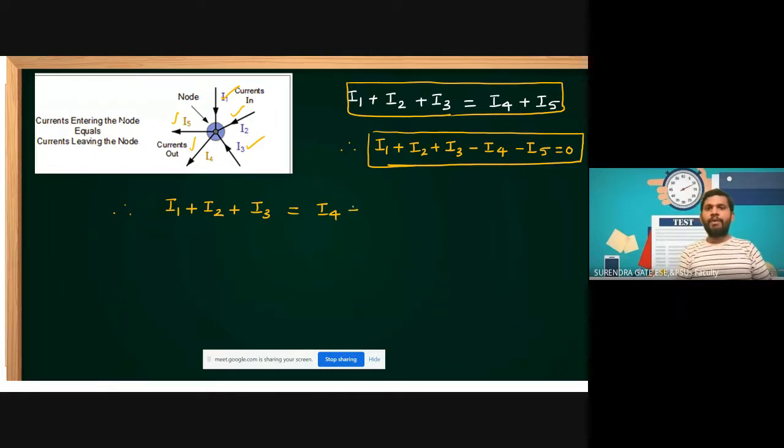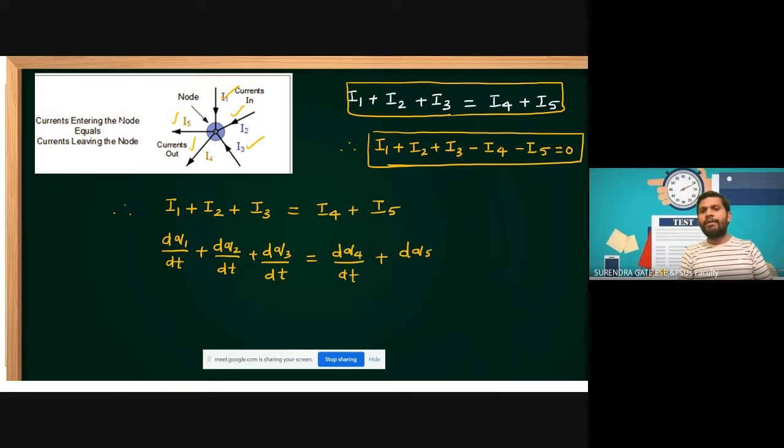But you know that current we can write in terms of charge also. Let me write I1 in terms of charge: dq1 by dt plus dq2 by dt plus dq3 by dt is equal to dq4 by dt plus dq5 by dt.